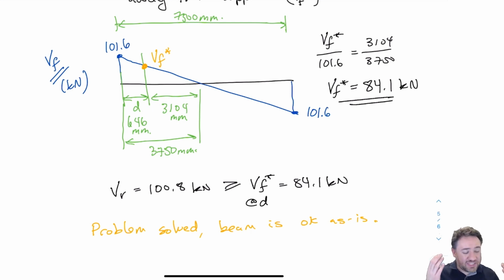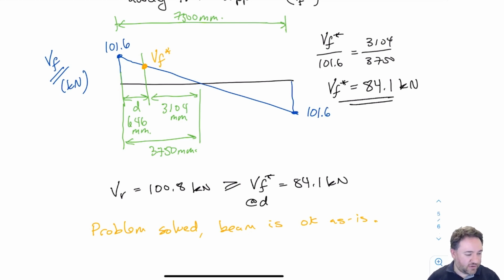Now, do I always have to consider VF at D? No. If my highest VF is at the support and my VR satisfies that, then do I have to check VF at D? No, not necessarily. Unless your VF at D is higher than the VF at the support, in which case that would have been what you were using from the beginning to check your VR, because we have to check our highest VF no matter what, unless it's within D of the support.